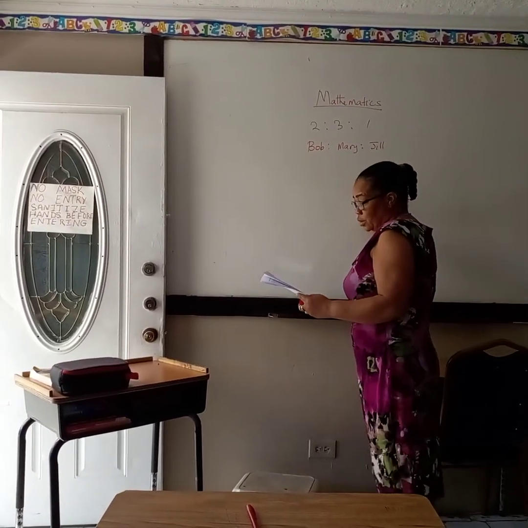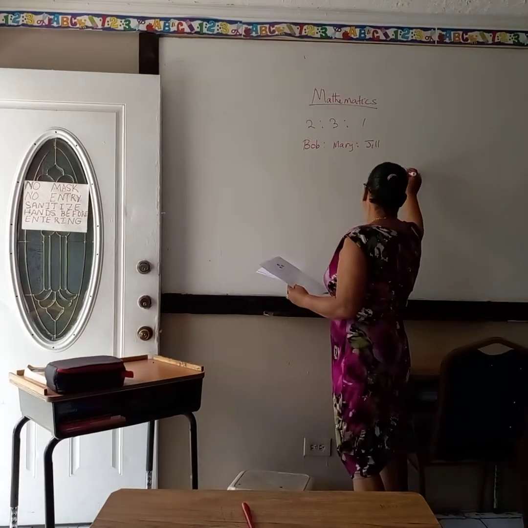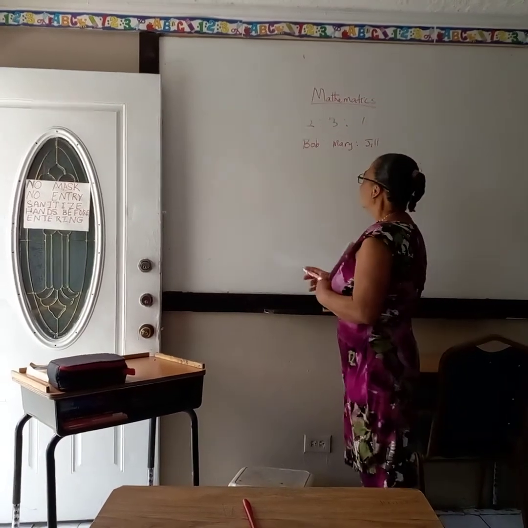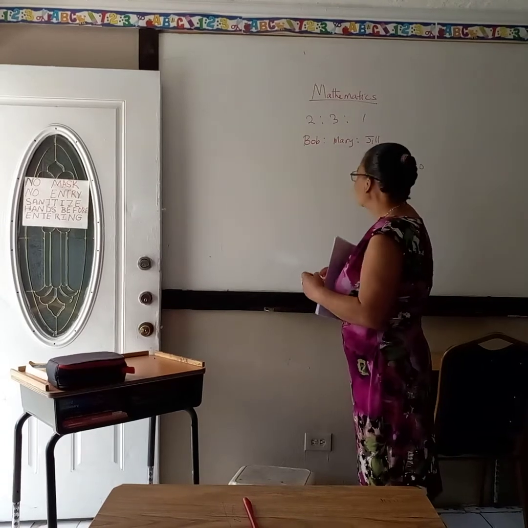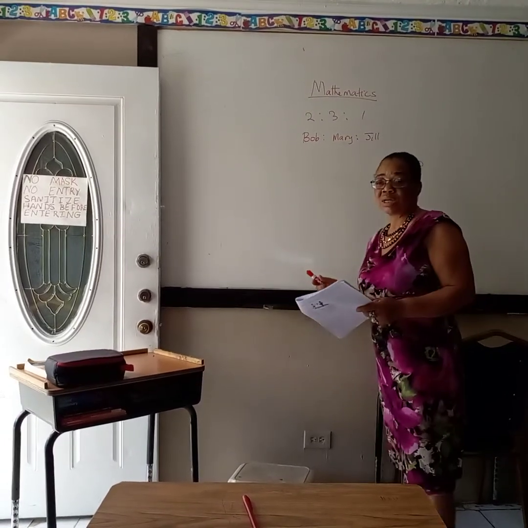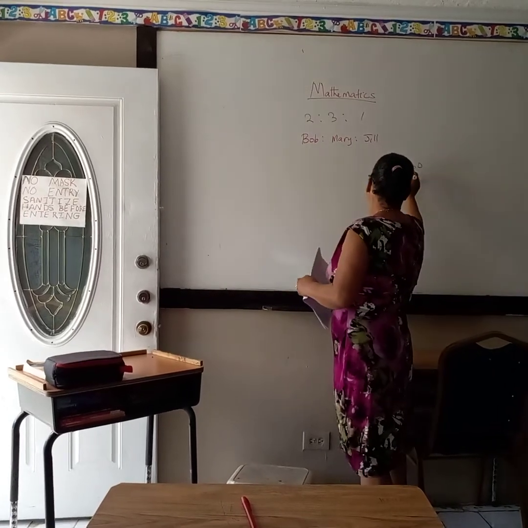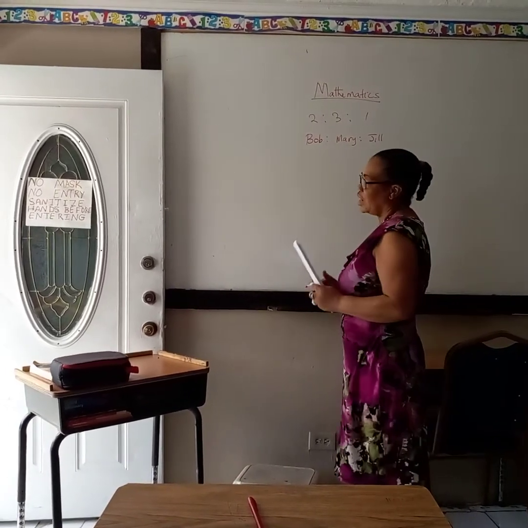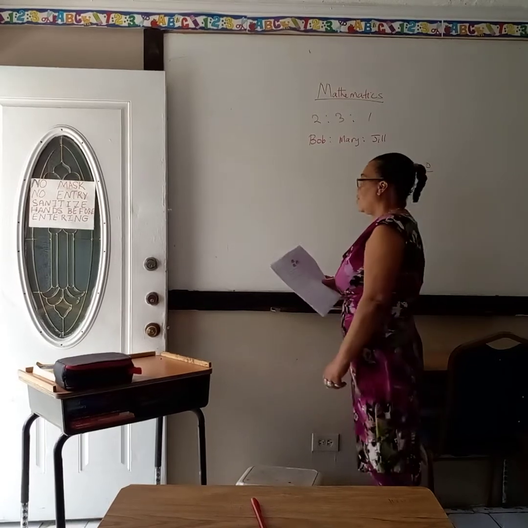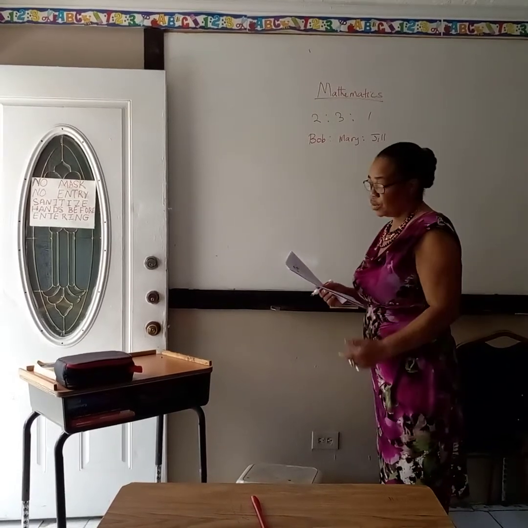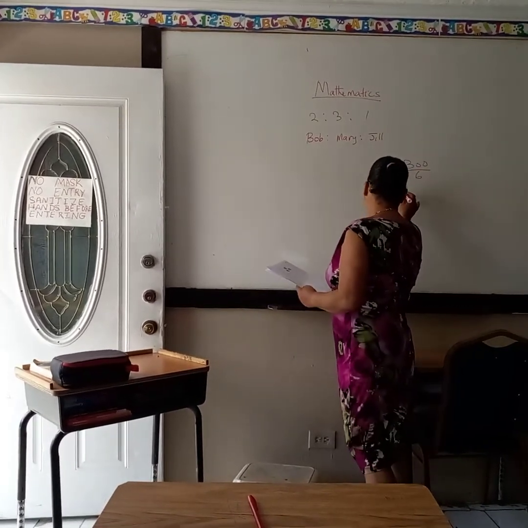Now, how many mangoes were we sharing? 300 mangoes. I'm going to add 2 plus 3 is 5, 5 plus 1 is 6. I'm going to take 300 and divide it by 6, and I get 50.